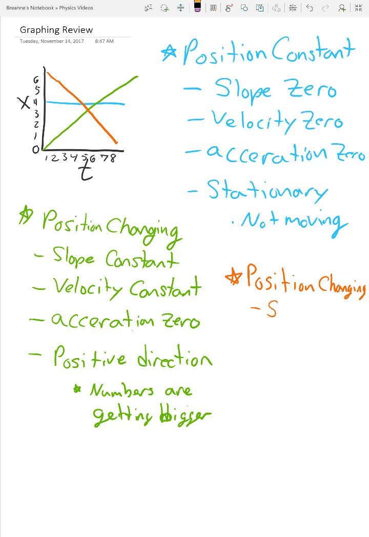Our slope is still constant. So therefore our velocity is still constant. And if our velocity is constant, what's our acceleration? Yep, our acceleration is 0.